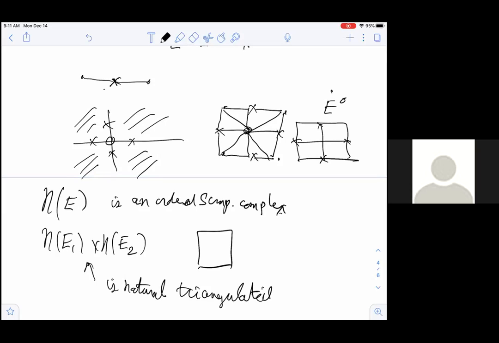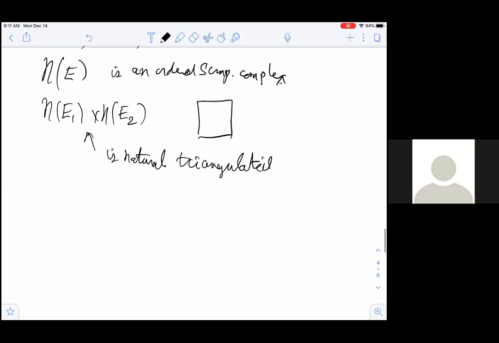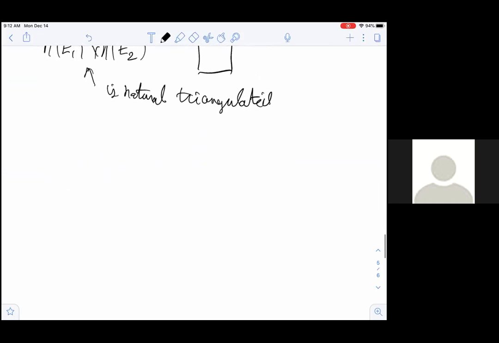In the usual order, one pair is less than the other if each one is less than or equal. So this vertex is now less than this one because this corresponds to this guy, and this corresponds to, anyway, you see it. So you have to add in all these edges. So this is naturally a simplicial complex which triangulates the naive product of the cell complexes. That's what happens here. Okay.